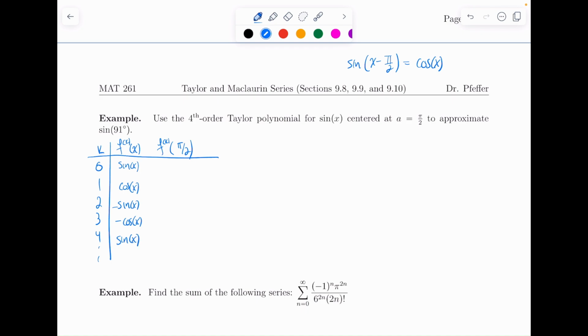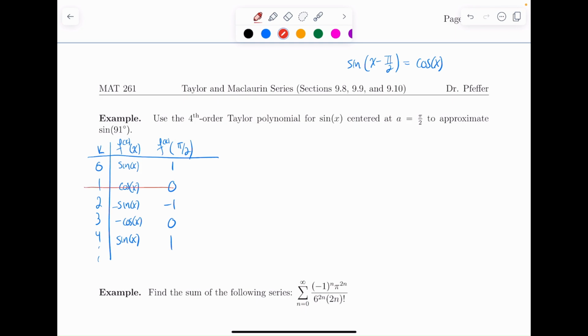Previously we plugged in 0, which was killing off all of the even terms, but now we're plugging in pi over 2, so sine of pi over 2 is actually 1. Now we're killing off the odd terms. We're going to get 1, 0, negative 1, 0, 1, etc.